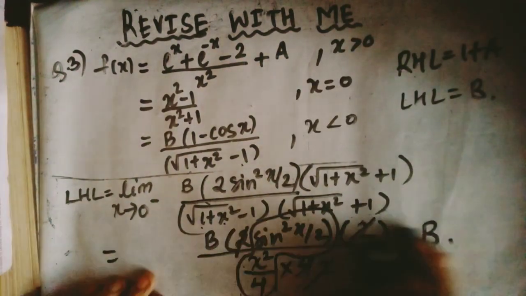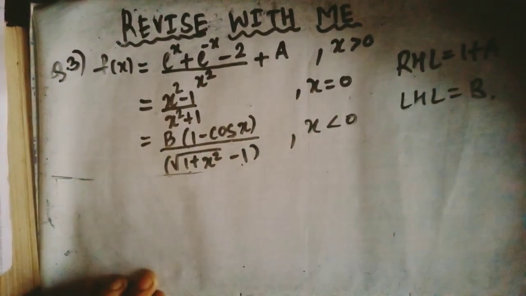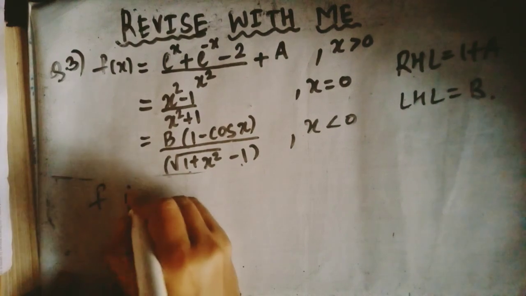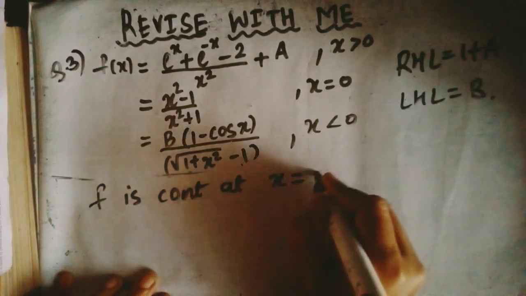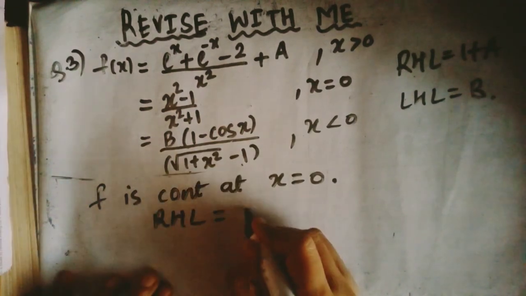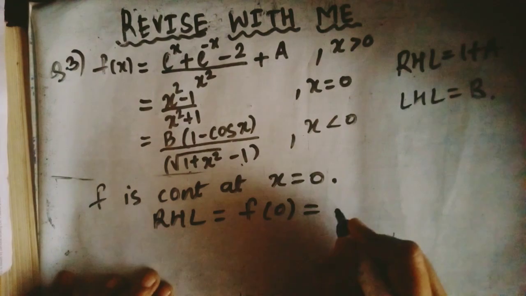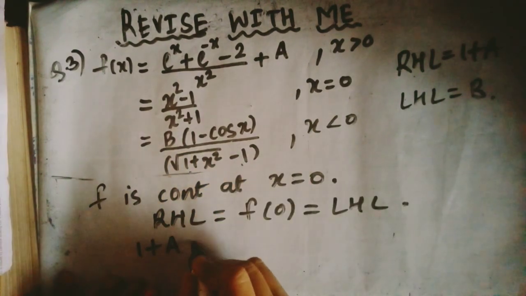Now the function is given continuous at x equal to 0. So RHL is equal to f of 0 is equal to LHL. RHL is 1 plus a.